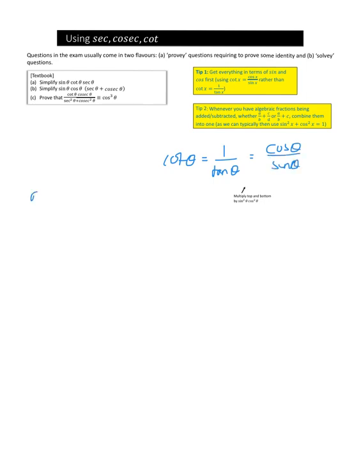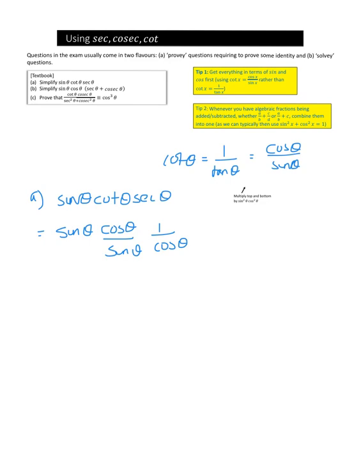So sine theta, cot theta is cos theta over sine theta, and sec theta is 1 over cos theta. So we can cancel out quite nicely. The cos thetas will cancel out, the sine thetas will cancel out, and my answer is just going to be 1.